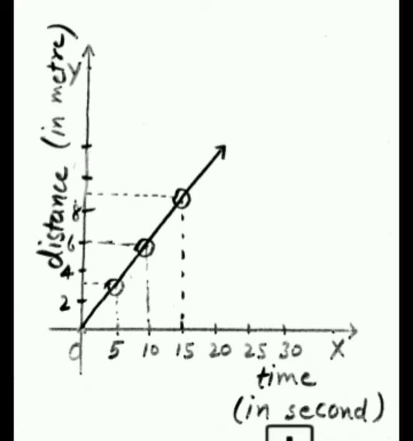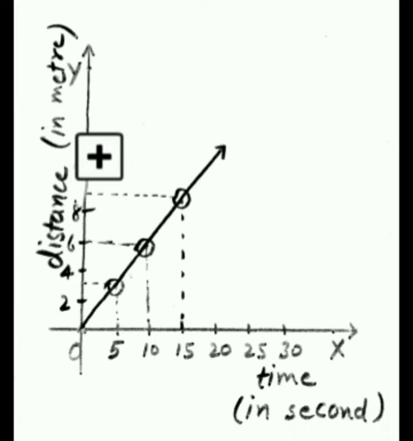As in this example, I have taken time in seconds and the scale as 5 second, 10 second, 15 second, 20 second, to represent the given data. It depends upon the situation or the question under consideration.